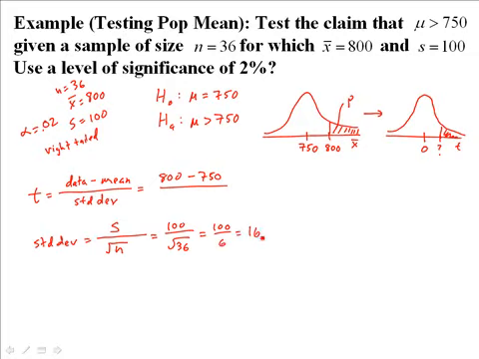And that turns out to be about 16.67. So let's put that up here, 16.67. And then if we do the math up here, we get 50 divided by 16.67. And that turns out to be about 3 for a t-score.